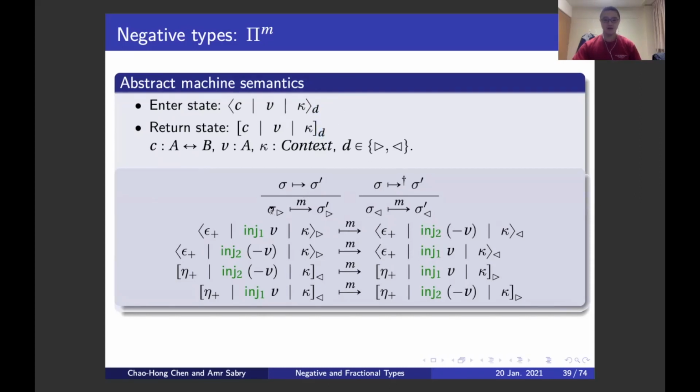The forward rules are still the same as Pi, and the backward rules are the inverse of Pi's transition relation. And epsilon and eta just turn around the evaluation here and here.